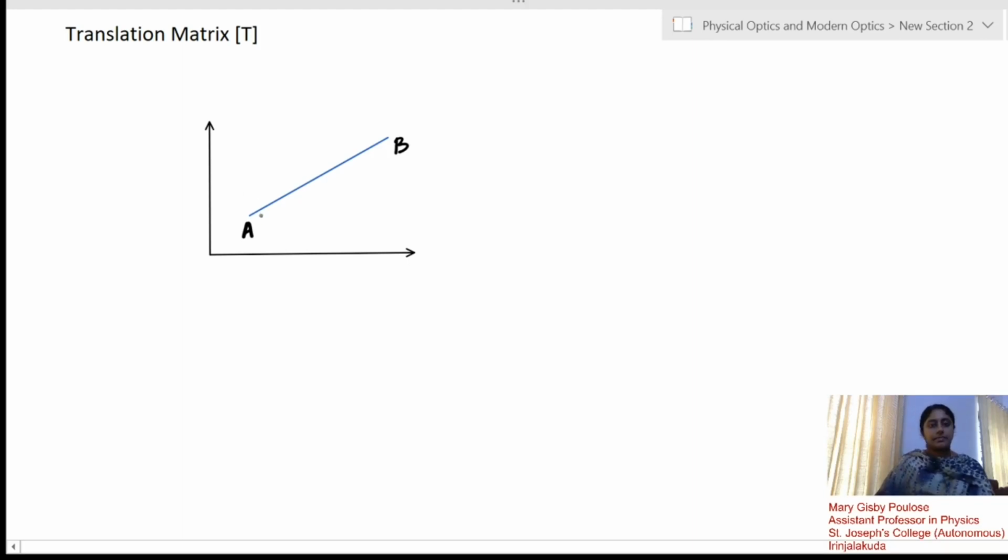Here, the distance of point A from the z-axis is represented as x1, and the distance of B from the z-axis is represented as x2.